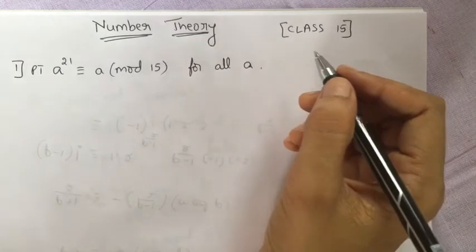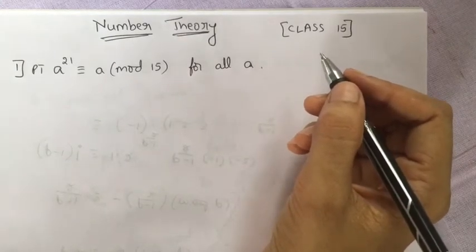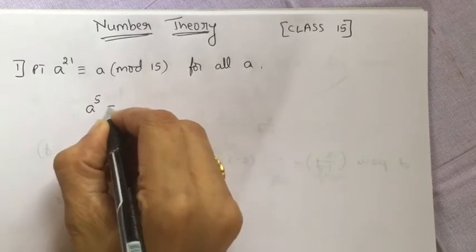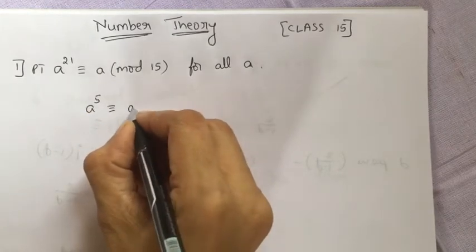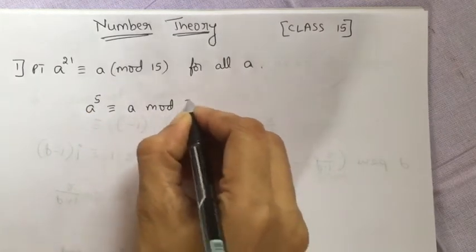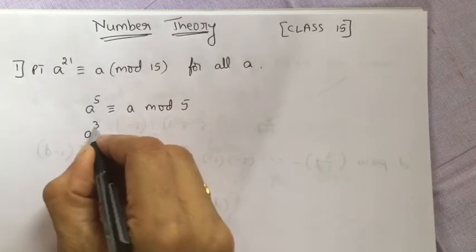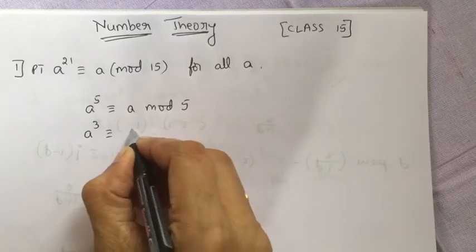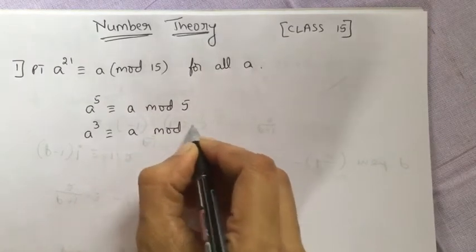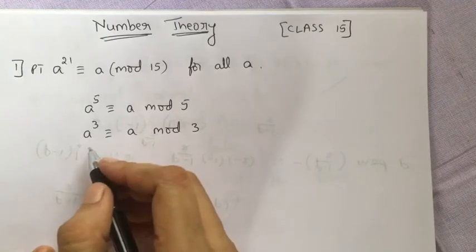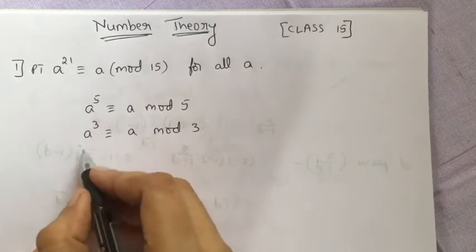From Fermat's theorem, we know a power 5 is congruent to a mod 5, right? And we know a power 3 is congruent to a mod 3, right? So now I want a power 21.